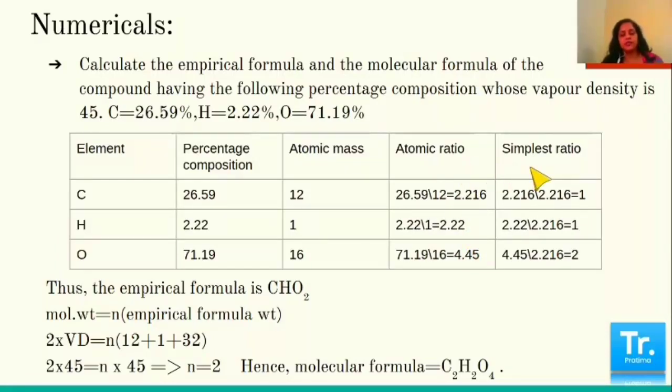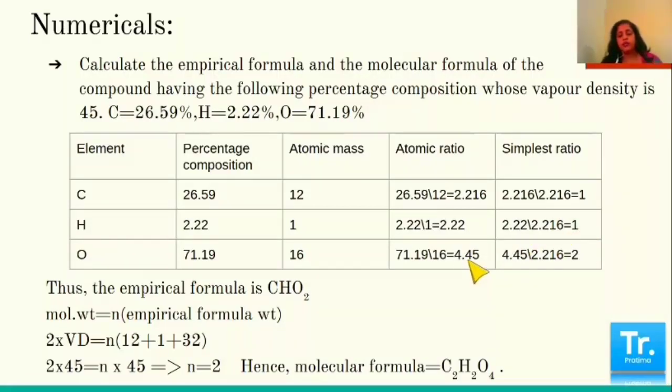Converting it to the simplest ratio, the method is to divide each of them by the lowest of all of them. Now the lowest is 2.216. So 2.216 by 2.216 is 1. 2.22 by 2.216 is nearly 1.00 something, so I can write 1. If there is a 0 or 2 zeros after the decimal places, you can take the whole number. That is how we round.